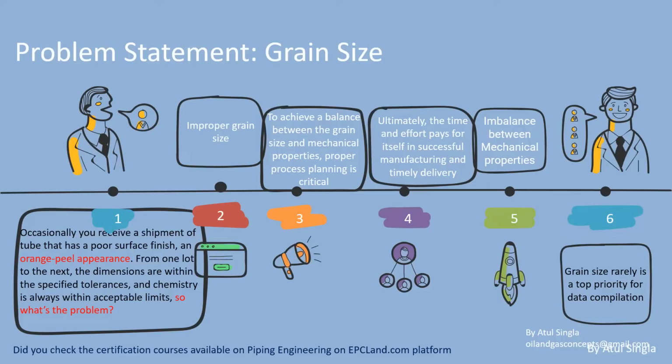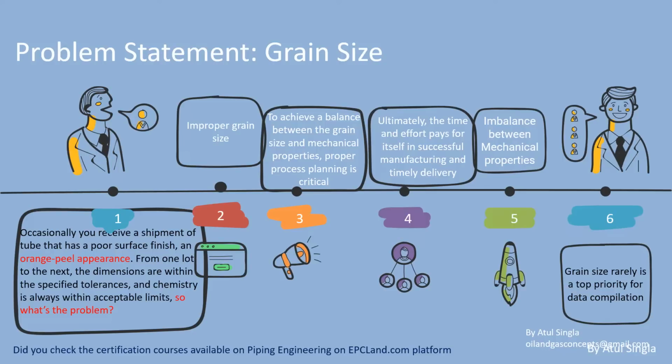But at the same time, sometimes the manufacturer has a pressure of delivery. They don't have much time to invest, so sometimes this grain size factor is ignored, right? This is the last thing the manufacturer considers.